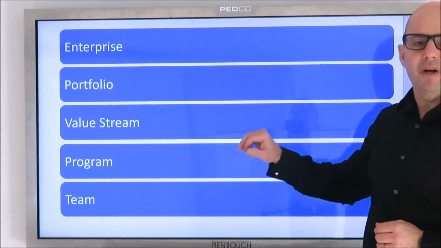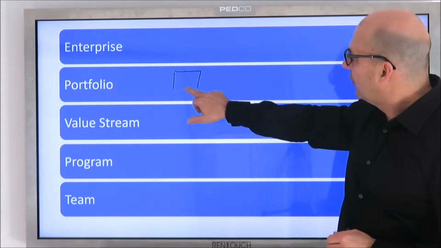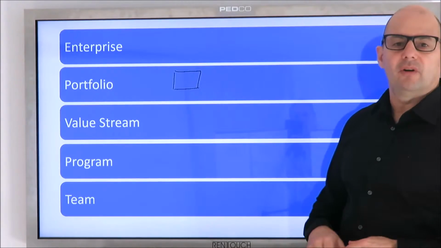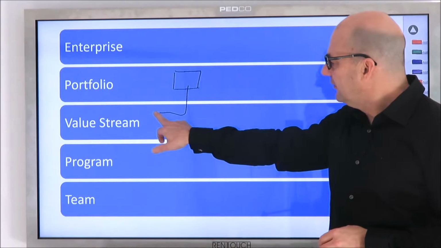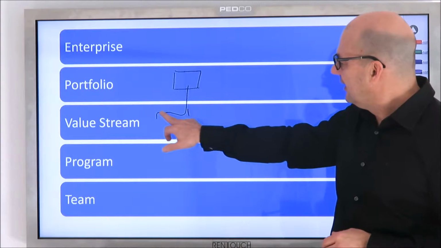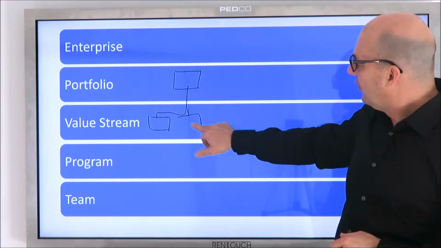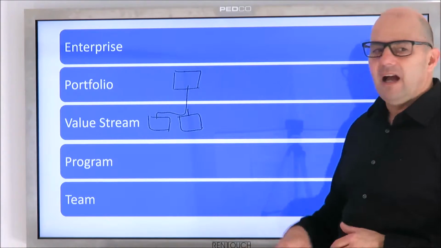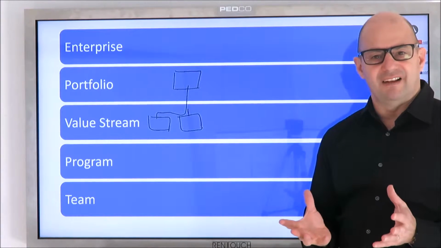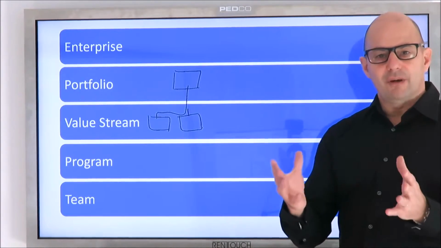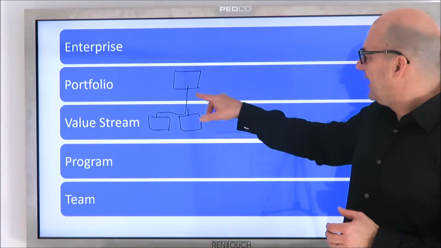We have here one enterprise, and in our example we have one specific portfolio, and this portfolio can be represented in 2 value streams, which each of these value streams would hold several programs. We can have a value stream which is too small to be represented as a value stream, and this is directly represented in an agile release train in a program.